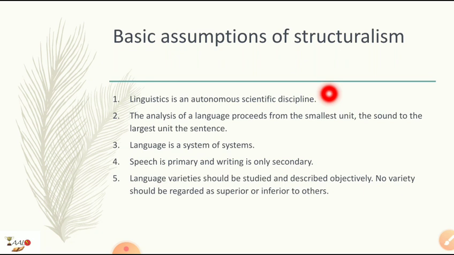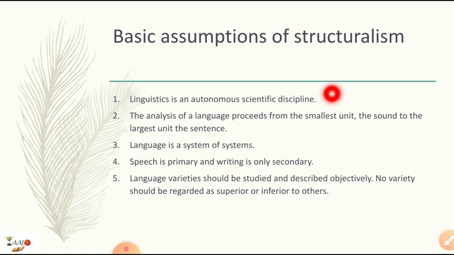The discovery procedure should be rigorously empirical, which means it should be based on experimentation and scientific, and this led to a rejection of all data that was not directly observable or physically measurable. Consequently, meaning was banished from linguistic analysis and form was given too much importance.